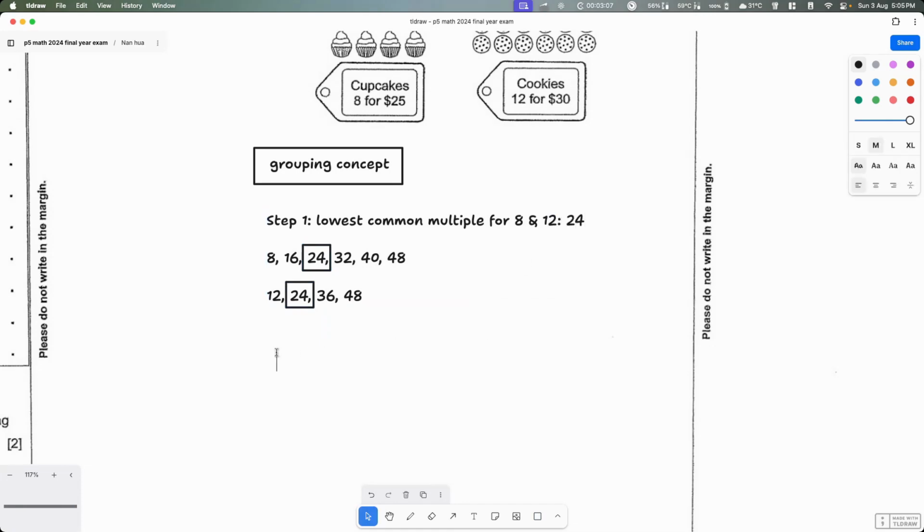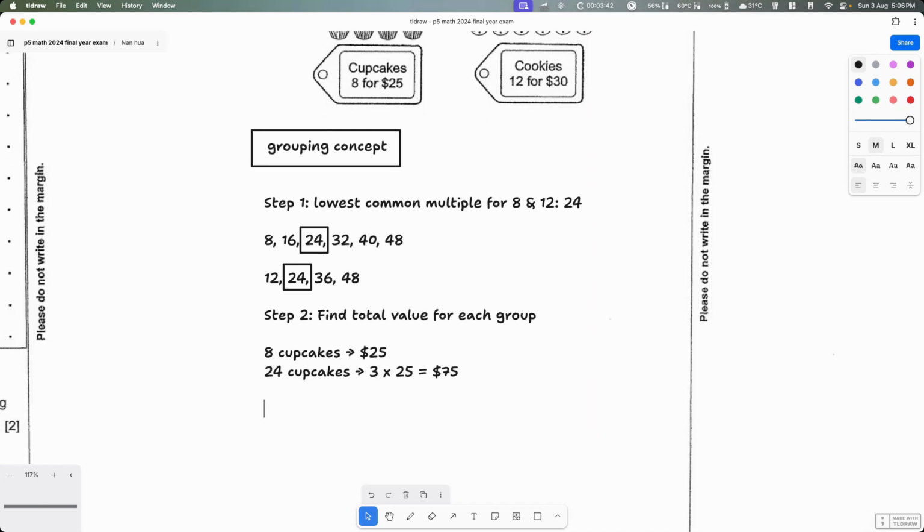So that means, step 2, find the total value for each group. So 8 cupcakes is equal to $25. 24 cupcakes, in this case, is just 3 times 25, which is $75.